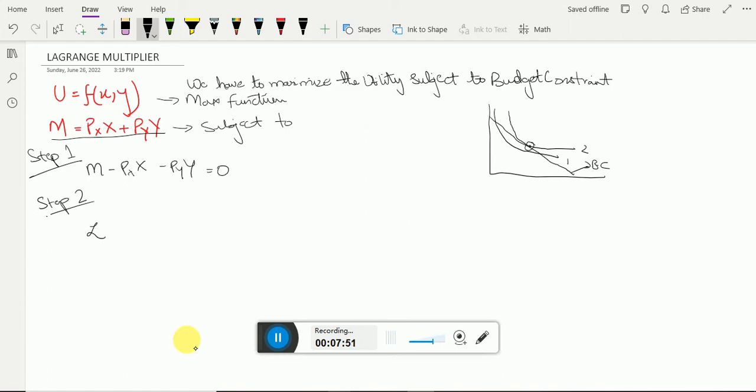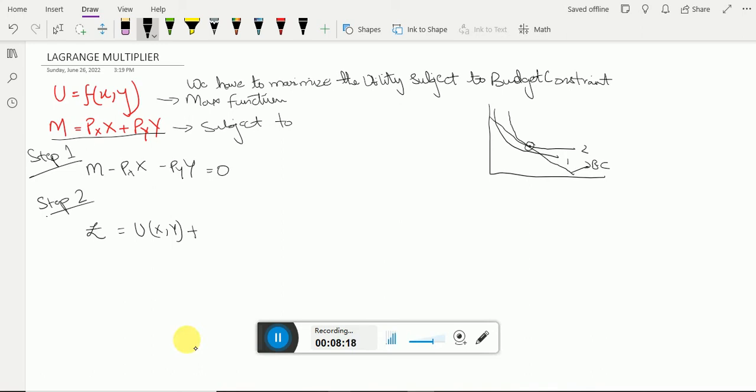It is like this: L, the symbol of Lagrange, equals the utility function, which is u, a function of x and y. It is okay whether we write f here or not, because a person who is familiar with mathematical expressions can easily ascertain that it is a function of x and y.